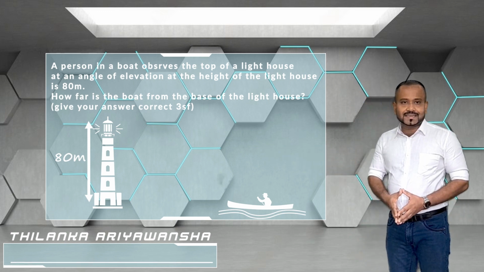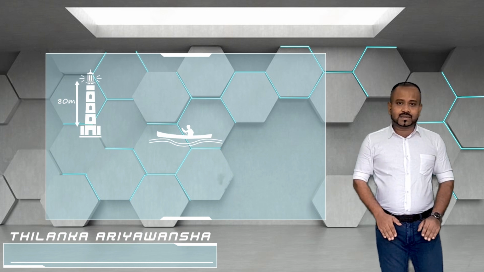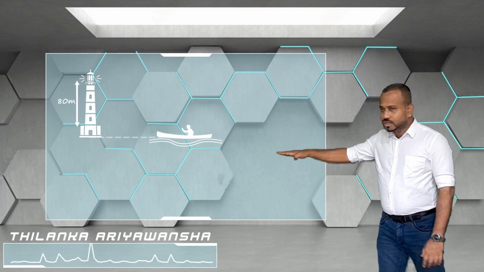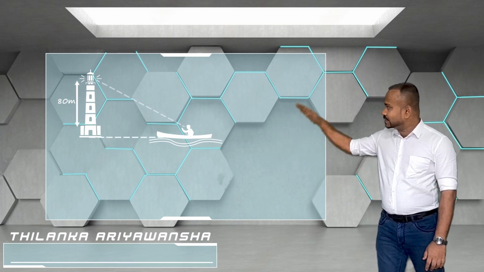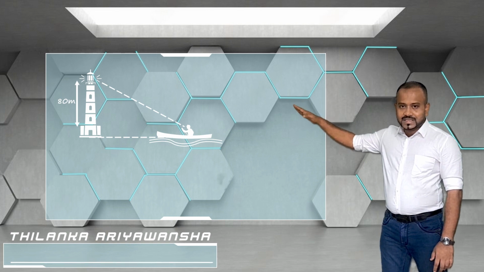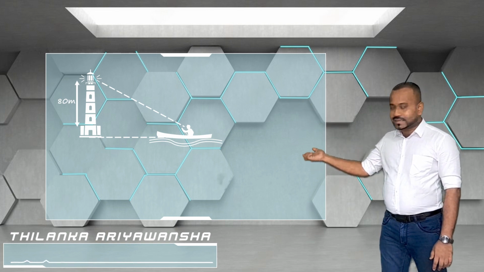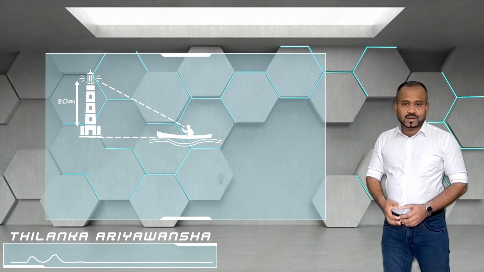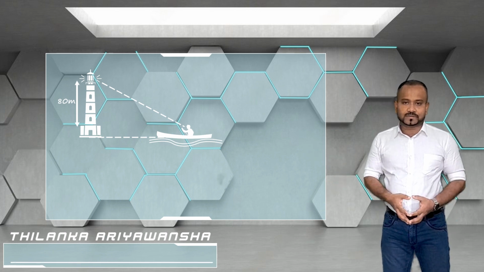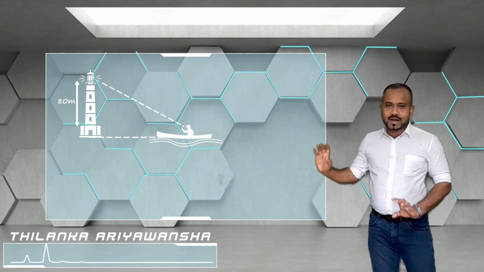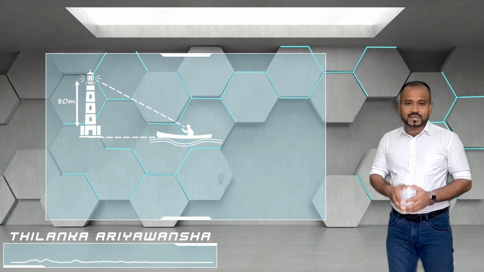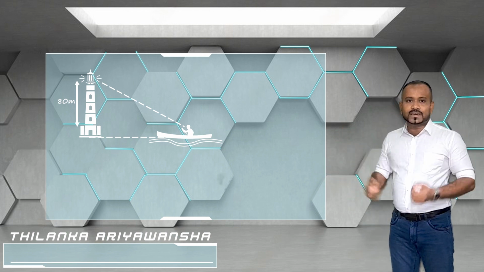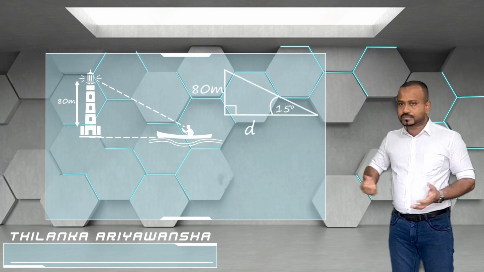Now you can see here, we can mark here, this is the horizontal line, this is the line of sight. In between that, this angle of elevation is created. Now you can identify the angle of elevation. Then you can mark all this data in the sum and we can draw a triangle like this.